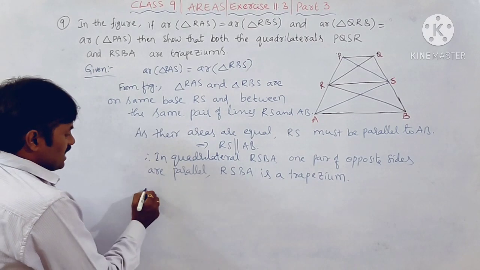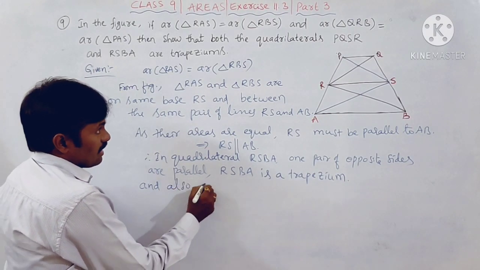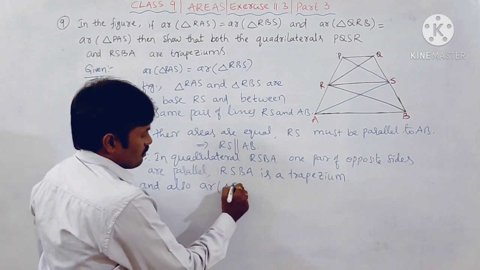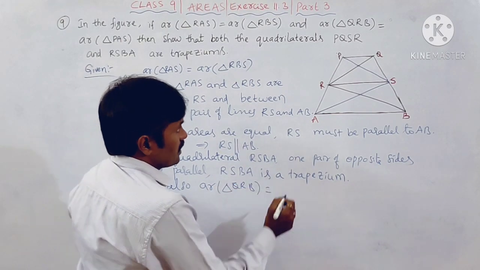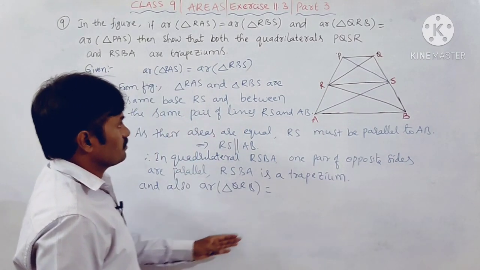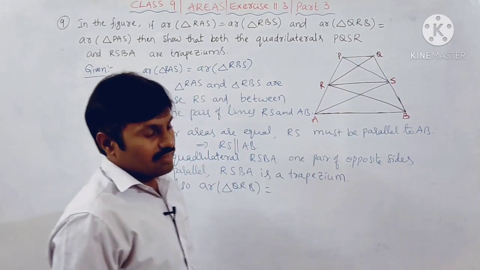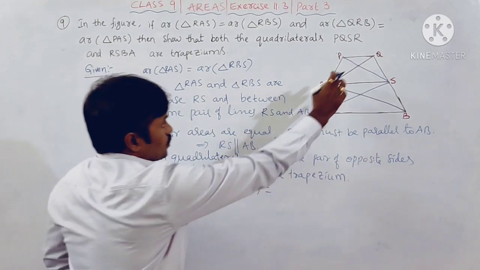So they are given area of triangle QRB is equal to area of triangle PSA.